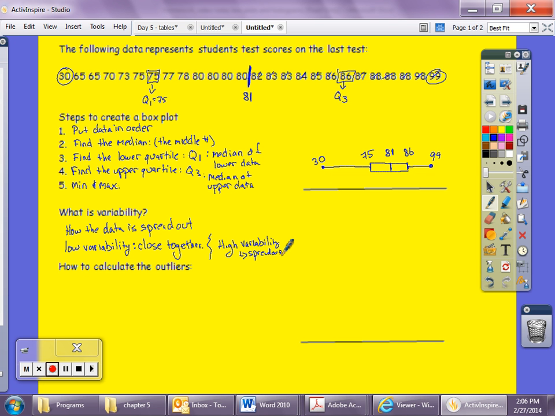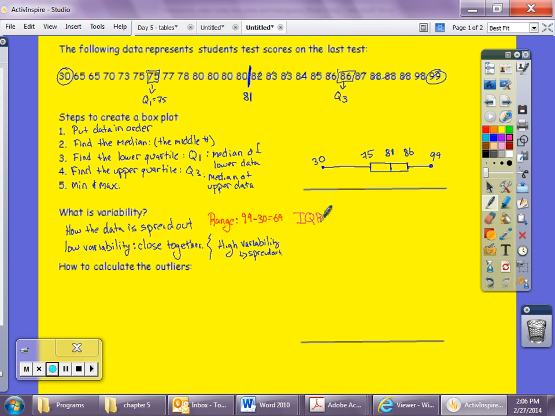Alright, and the way we calculate variability is we need to find the range, which is the highest number, so 99 minus 30, which is 69, and then we need to find the IQR, which is the interquartile range, which is the range of the box, which is Q3 minus Q1.